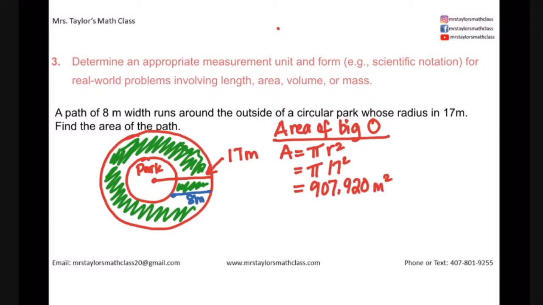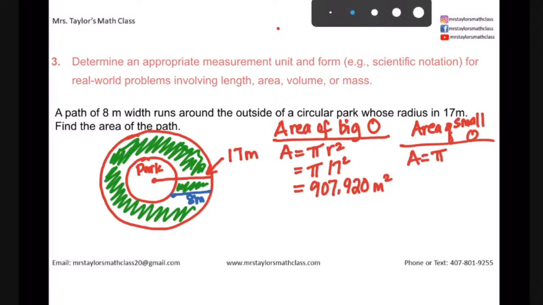So now let's find the area of the small circle. So it's going to be A equals pi r squared. Now for the small circle, we haven't talked about the radius.